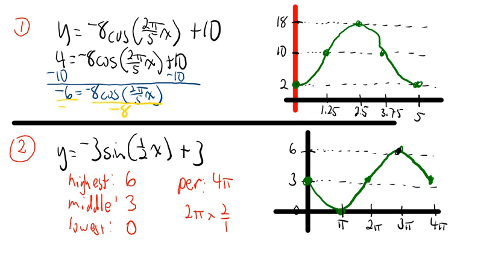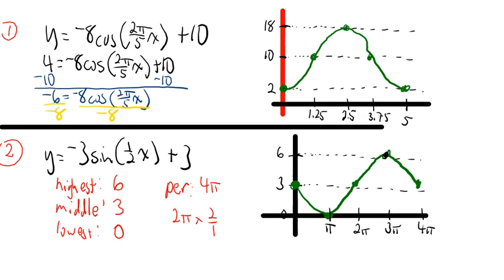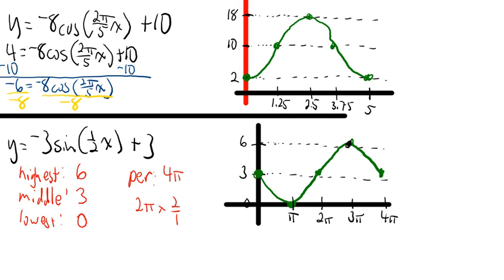I'm going to move this over here because I'm running out of space. So negative 6 over negative 8, I'm going to reduce that to 3/4. 3/4 equals cosine of 2 pi over 5 x.